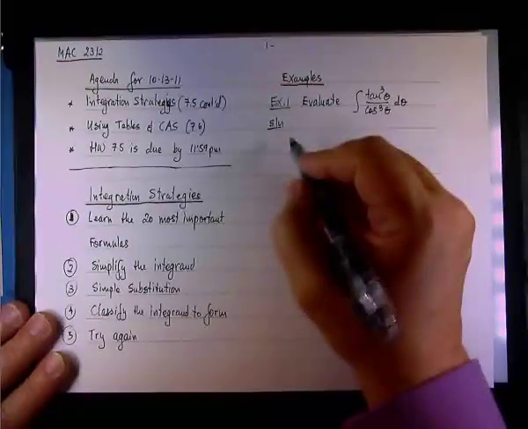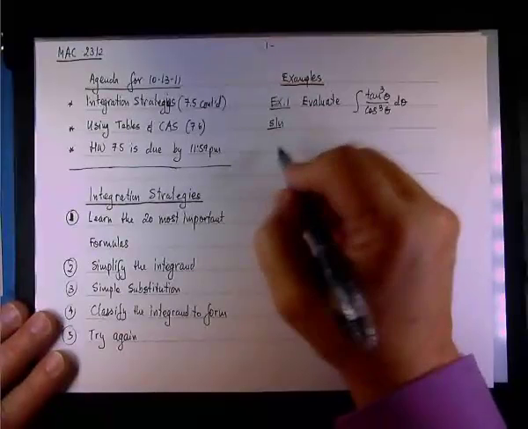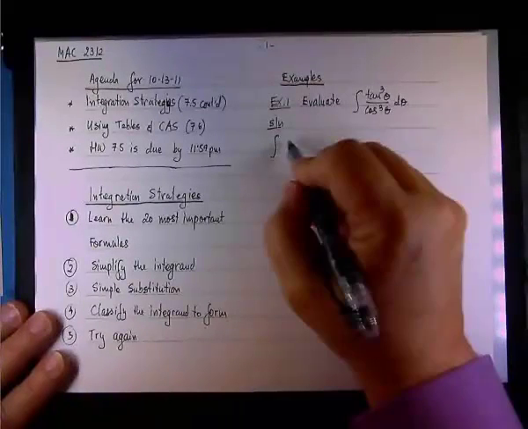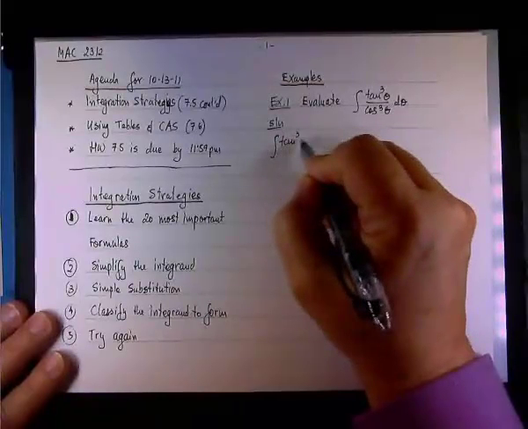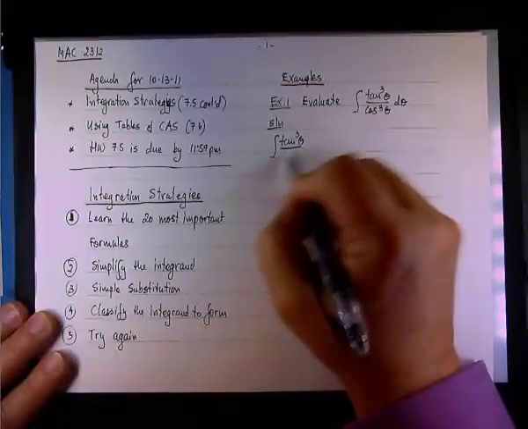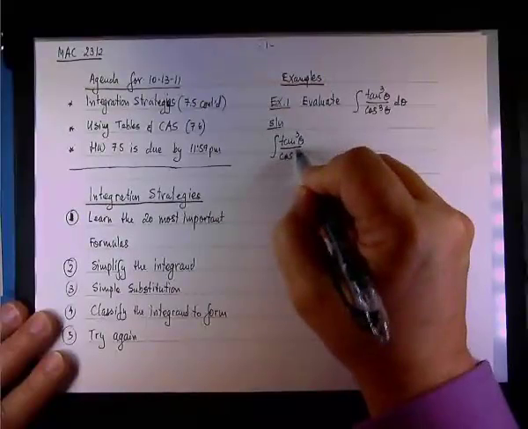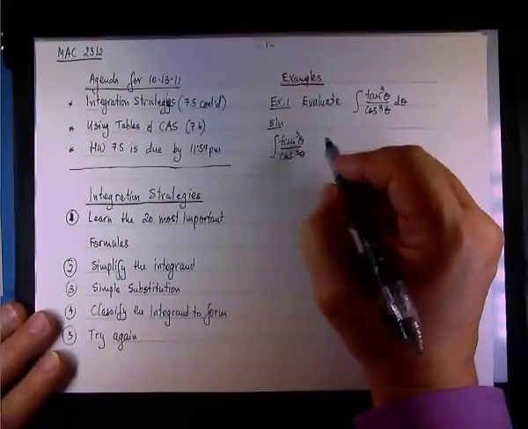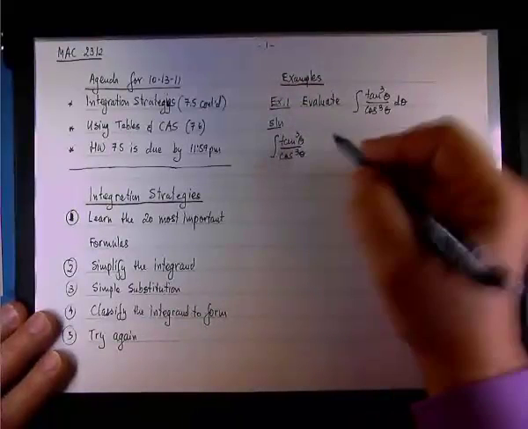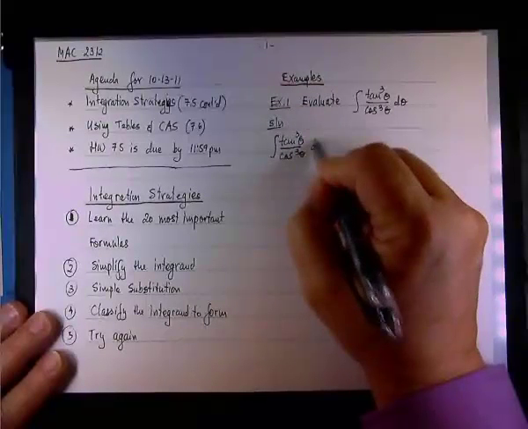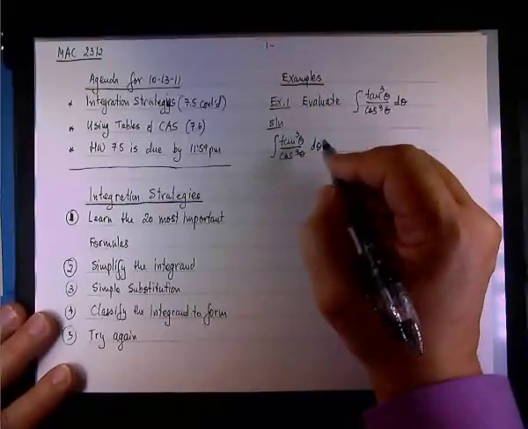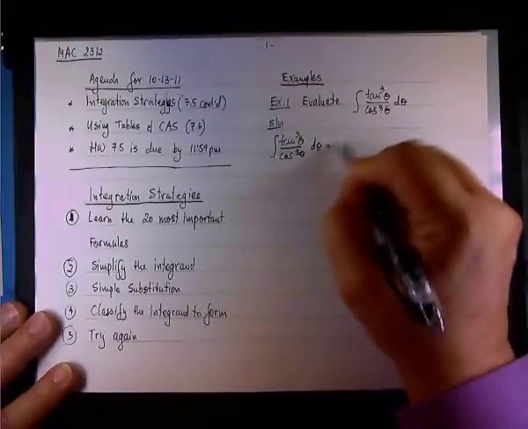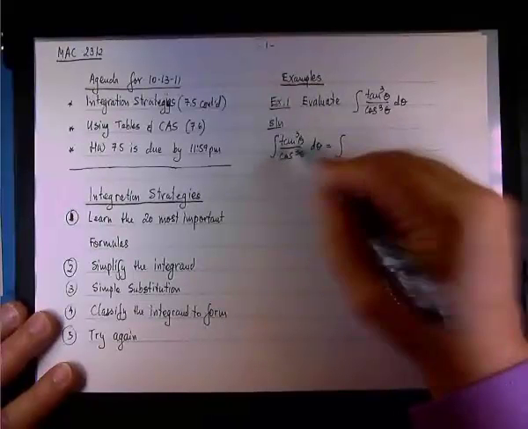But in this case, sometimes we can simplify the integrand by looking at the trigonometric identity. In particular, we're looking at the quotient identity, and if we write something like this, we're going to break it down.